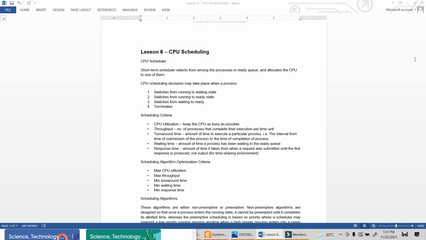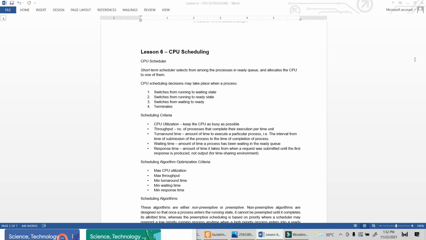When we say CPU scheduling, it is the basis of multi-programming operating systems, since the way we use our desktop, laptop or mobile devices is more on multitasking already. Meaning to say, we are actually using a multi-programming operating system.